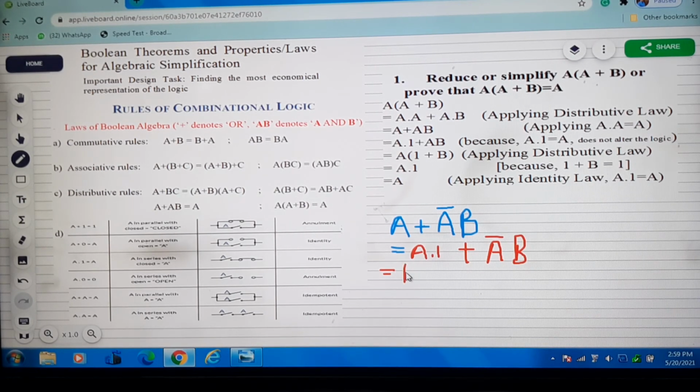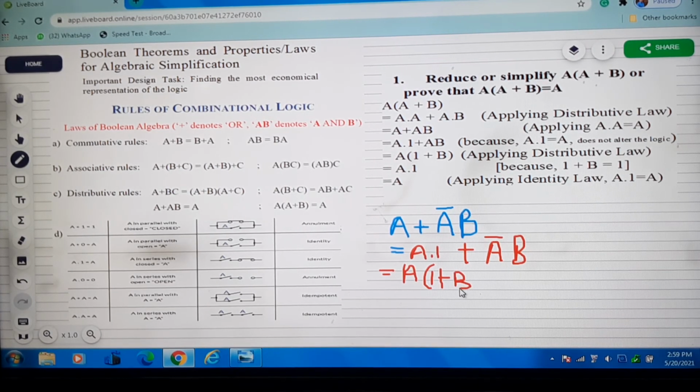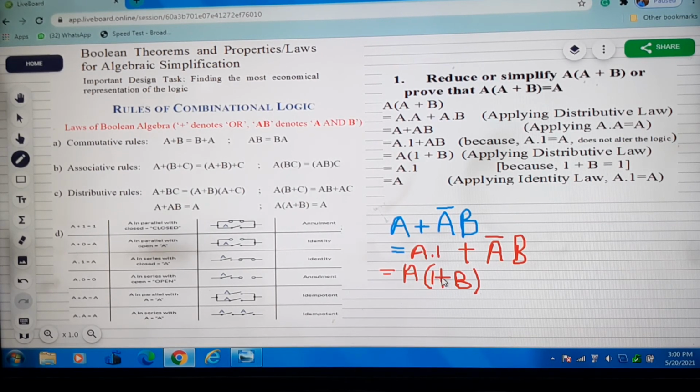So I can replace this 1 with 1 plus B, 1 plus B plus, write A bar B as it is, A bar B.